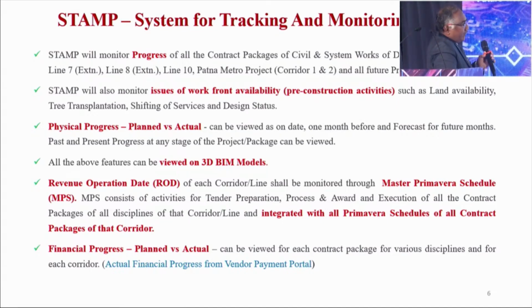So as soon as a contract is awarded and the contractor is on board and he prepares his Primavera schedule, that is the detailed work plan, immediately it is integrated with the master plan through the access dates. Whatever progress, plan versus actual, we are monitoring contract-wise will be escalated to the corridor also.